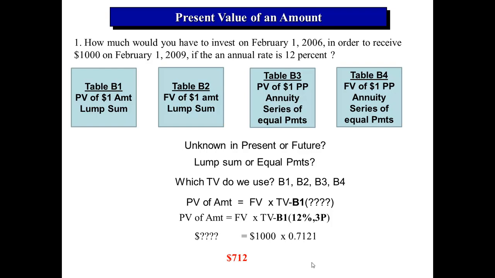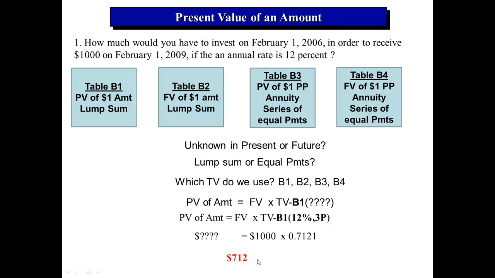So I could say that if I had $1,000 3 years out in the future and I want to know what that's worth today, going back 3 years at an interest rate of 12%, as I'm missing out on that 12% every year for 3 years, in today's dollars, that $1,000, discounted back at 12%, is only worth $712.